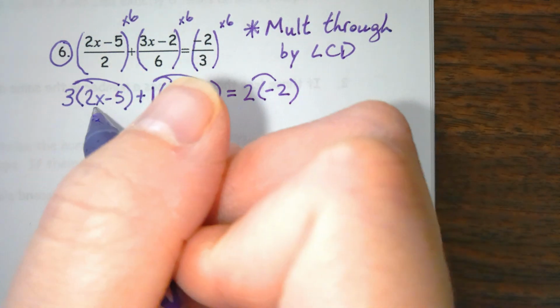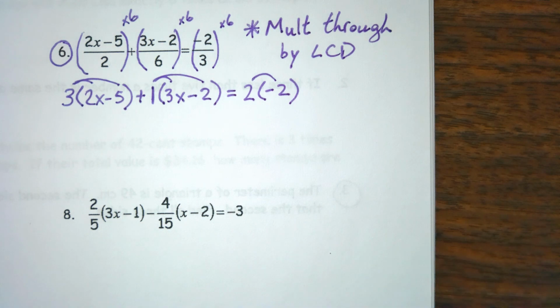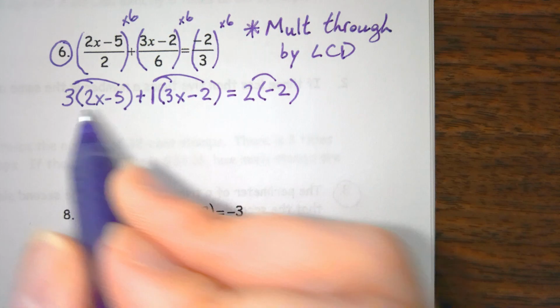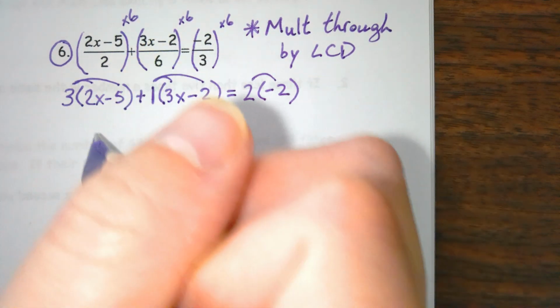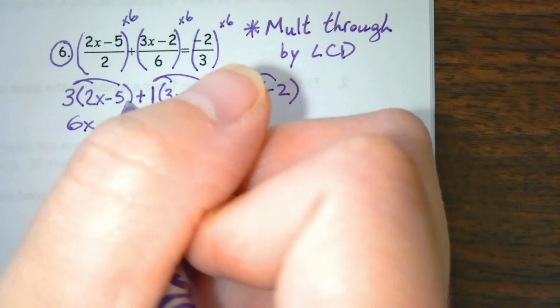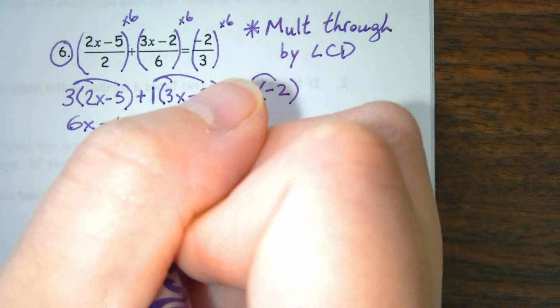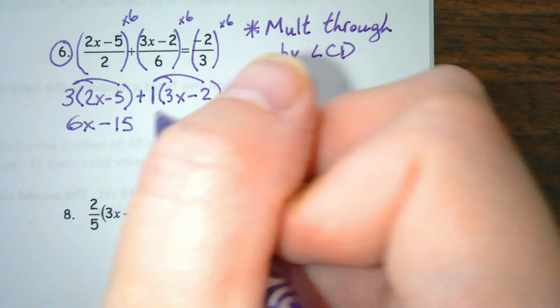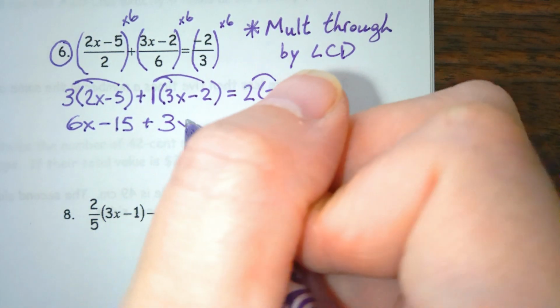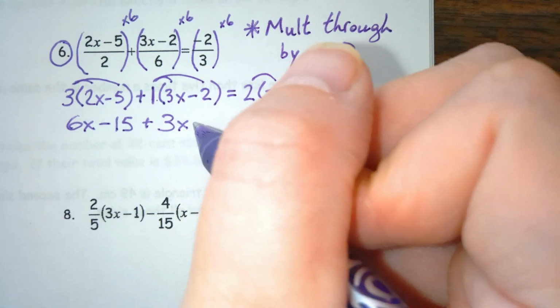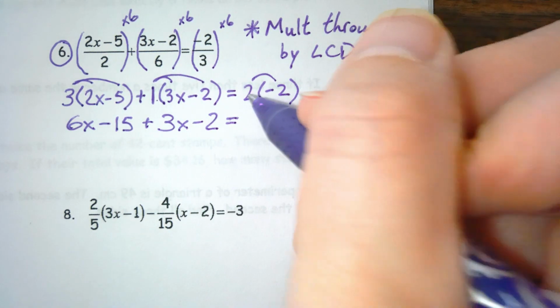Let's see, who should I pick on? Max, help me out with this. So 3 times 2x. And then keep going. Good. Excellent. Equal.